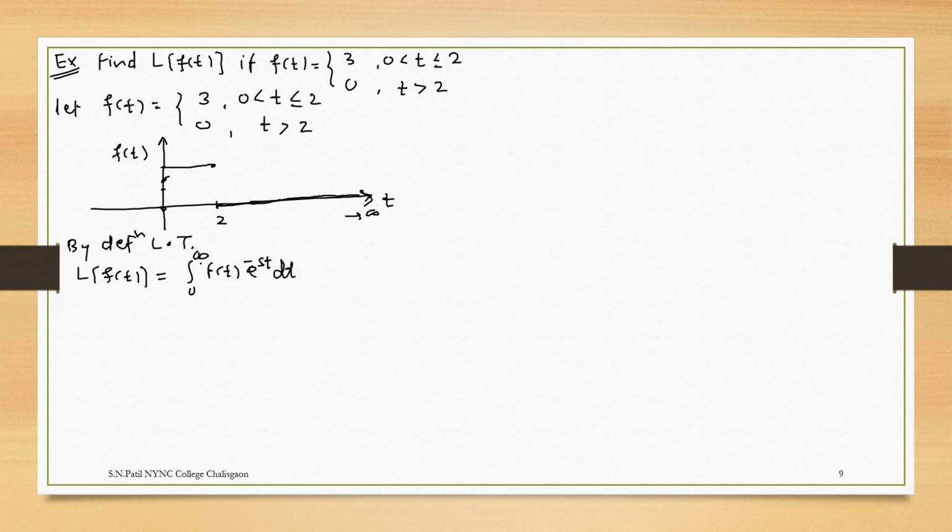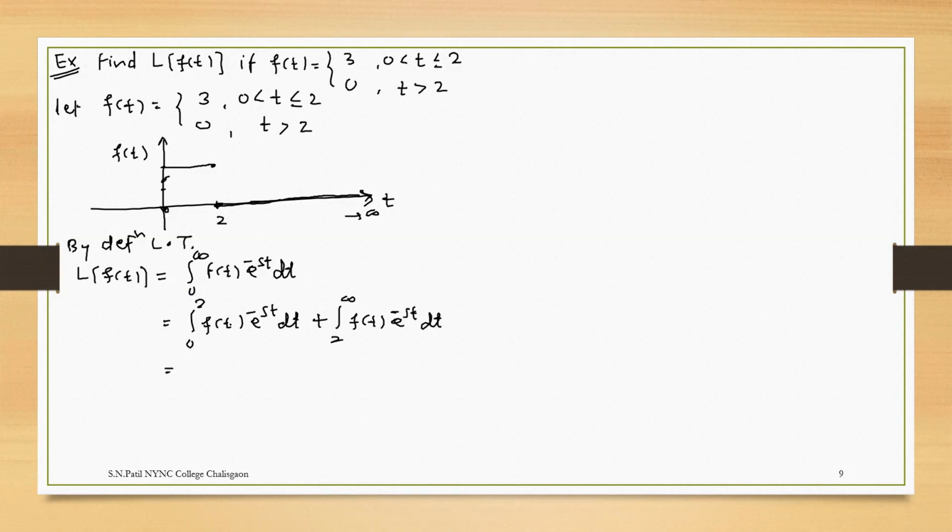Now from the given problem, the interval 0 to infinity is divided into 0 to 2 and then 2 to infinity. So it can be written as the integral from 0 to 2 plus the integral from 2 to infinity of f of t e raised to minus st dt.